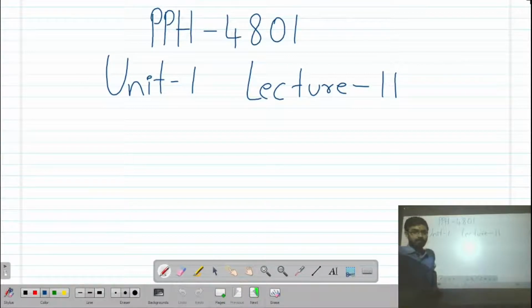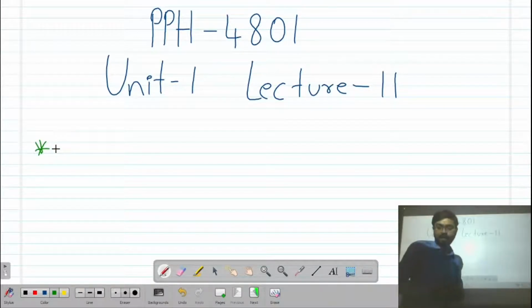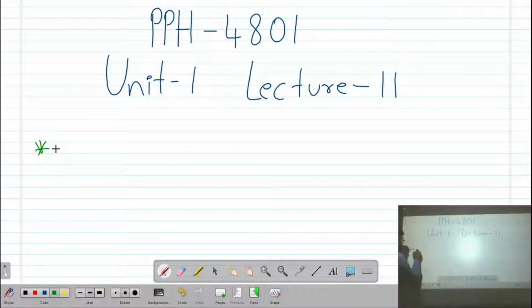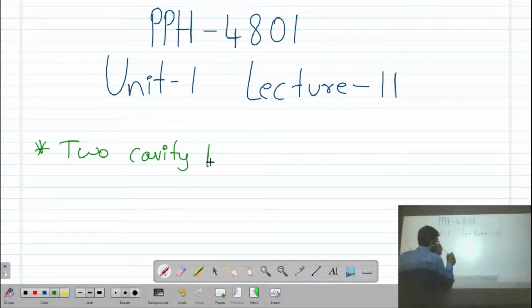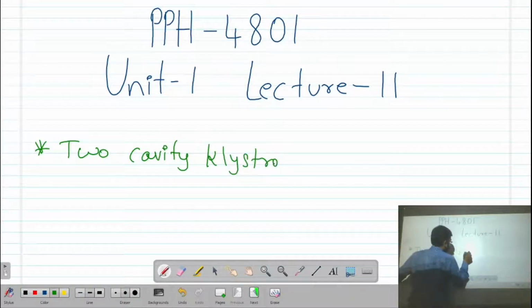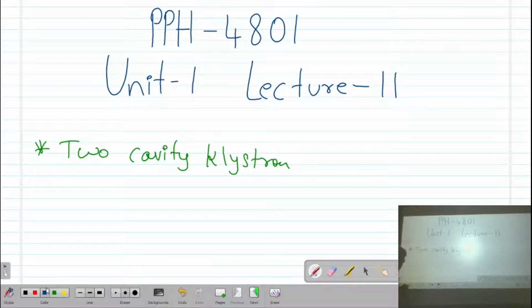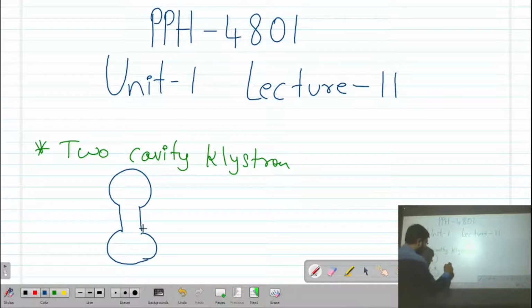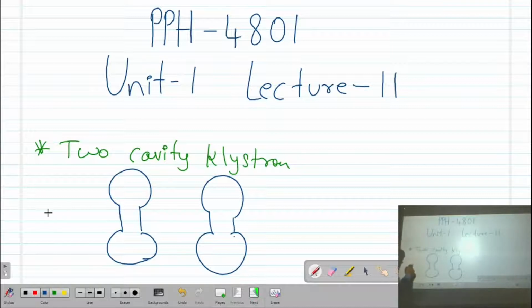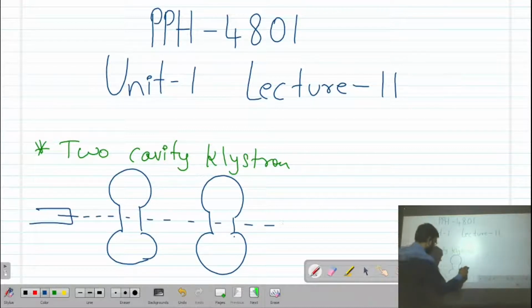In the previous lecture, we studied microwave sources and devices, and in that we started with the two cavity klystron. Two cavities were there, and we had an electron gun over there.